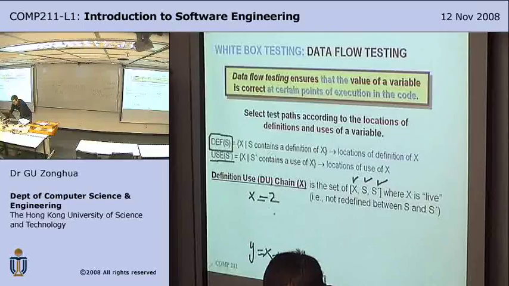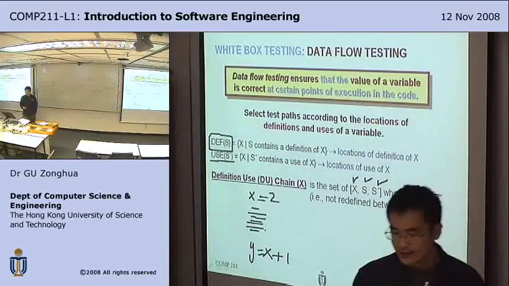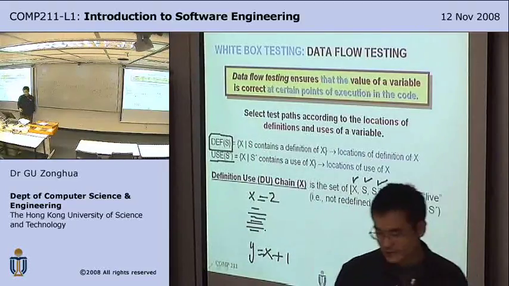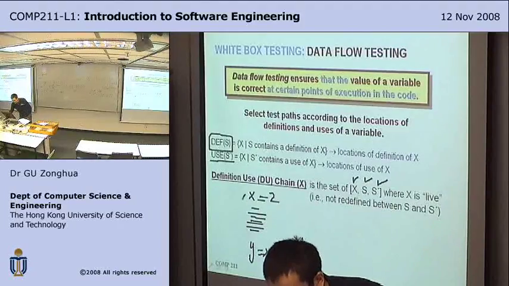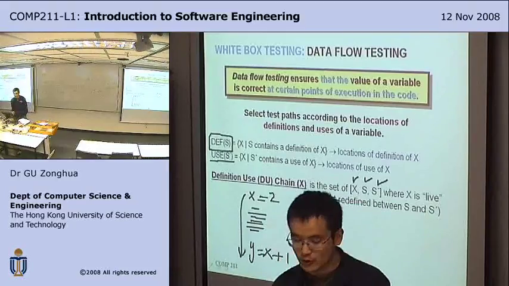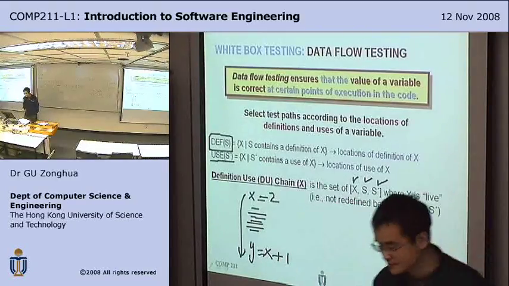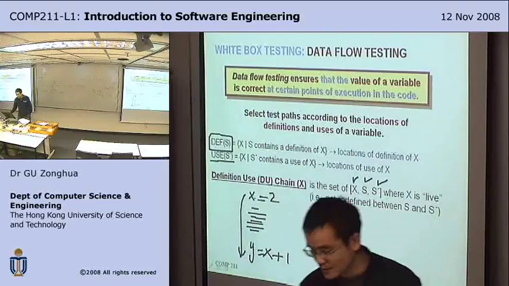And if all the intermediate statements in the middle do not redefine x, that is, x's value stays 2 throughout the paths, then this path from x equals 2 to y equals x plus 1 is a def-use chain. That is, from the definition of x to the use of x.